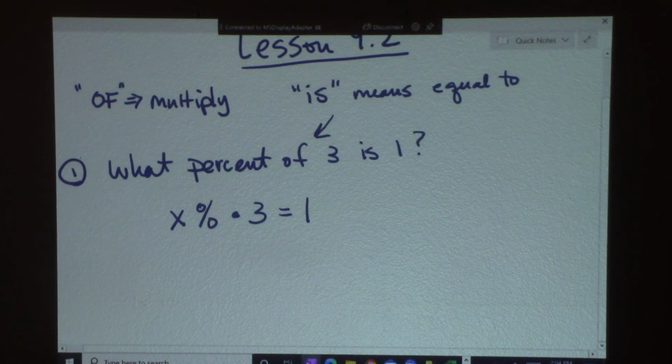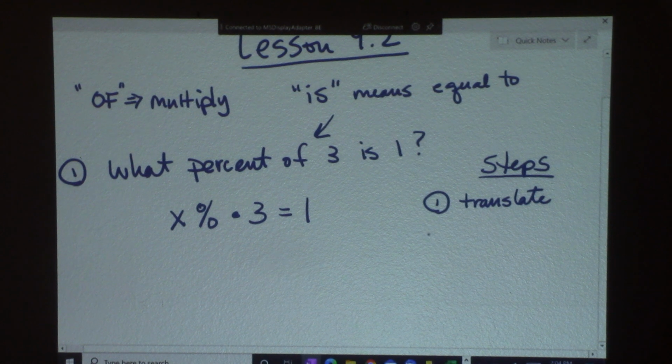Okay, let's write down some steps at the same time. We already did the first step, which is to translate the English statement, the sentence, into math.